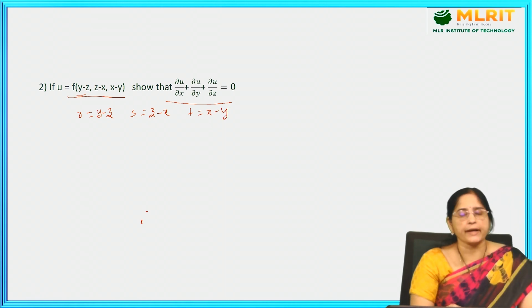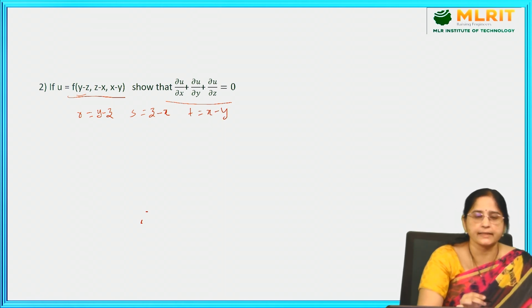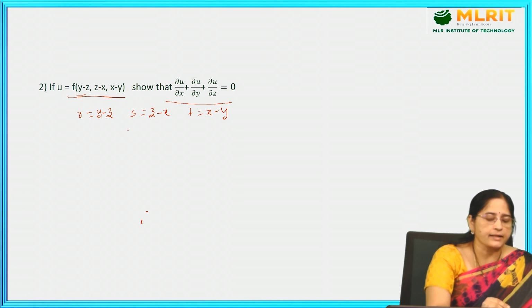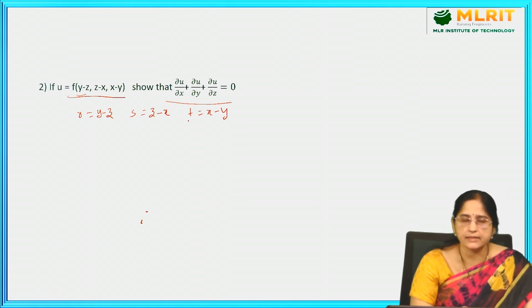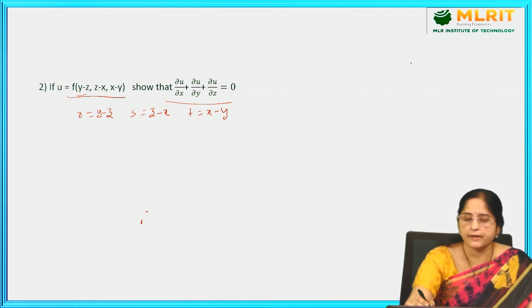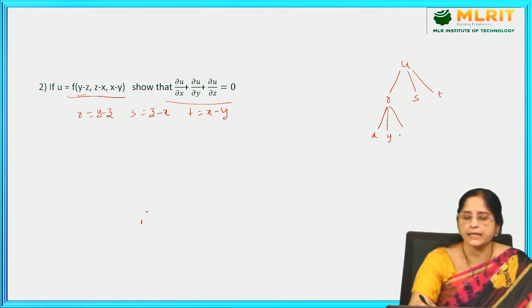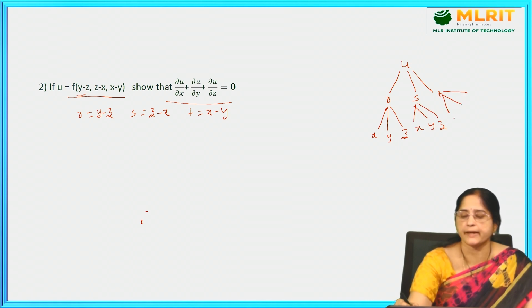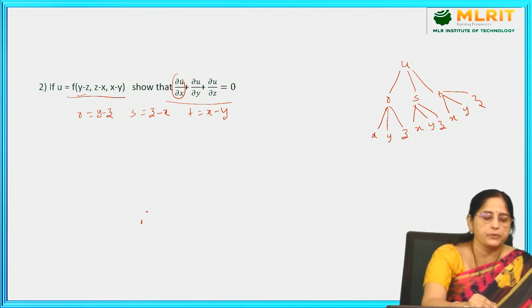Therefore u is a function of r, s, t, and r, s, t are functions of x, y, z. We have to find out dou u by dou x.